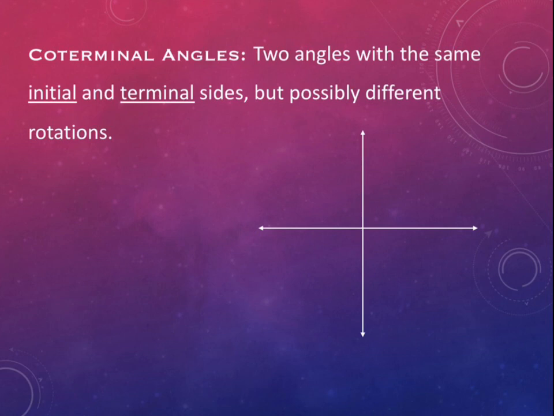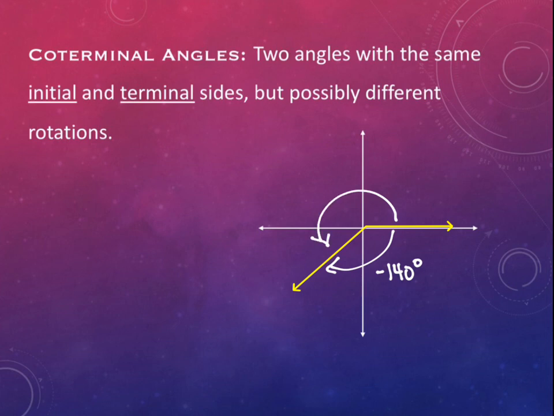So, for example, let me just use the 140 we did before. Down here was -140, right? What would I have to do if I went in the positive direction to get to the same location?